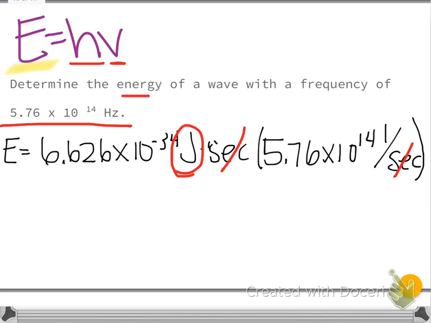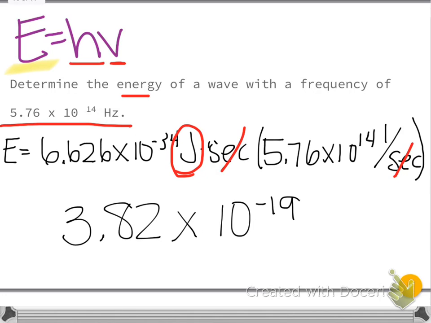And if you remember, joules was the unit that we want to be left with for energy. So now you just got to multiply, and you should end up with 3.82 times 10 to the negative 19th joules. Make sure that you're typing that in your calculator and getting that as well. So pause it if you have not done that math yet.